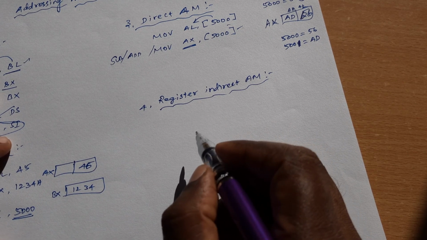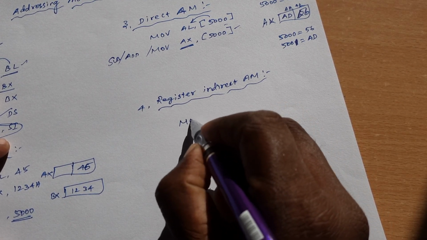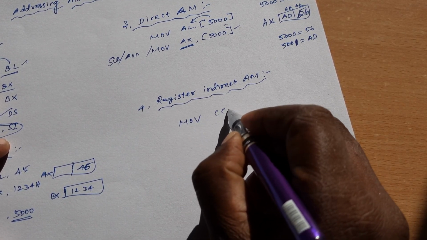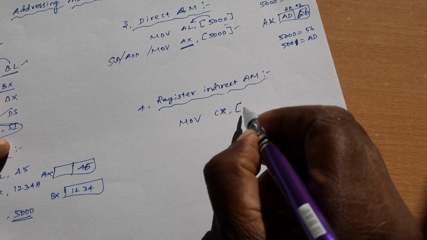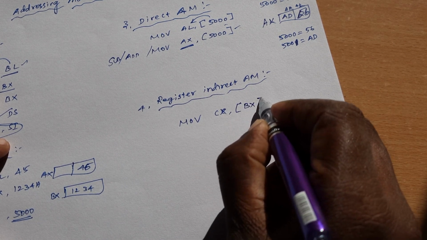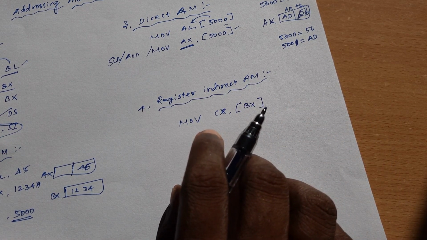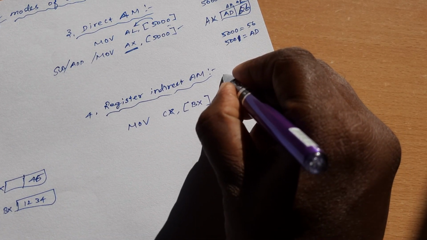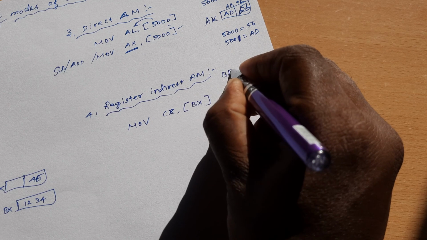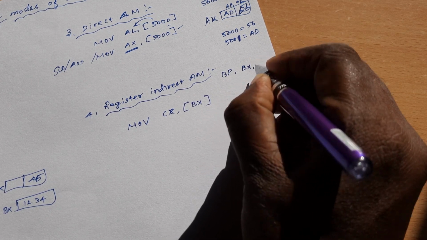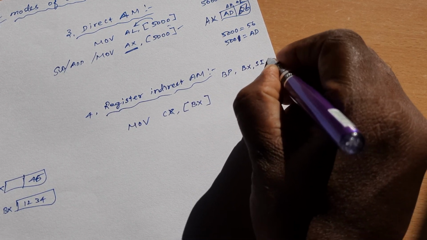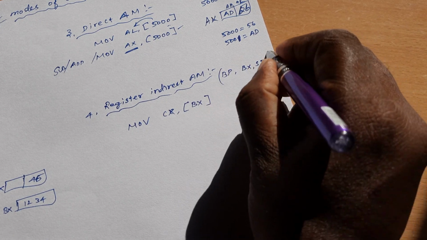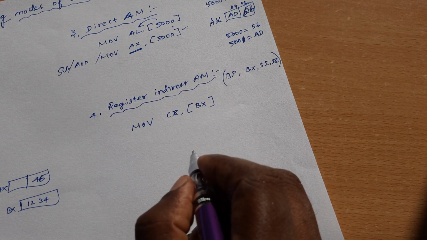Say an example here, this can be given as example, say move CX comma, BX in brackets. So in this addressing mode, the offset addresses are held in the base registers like BP, BX, and then index registers like SI and DI. So these registers are mainly used in this register indirect addressing mode.